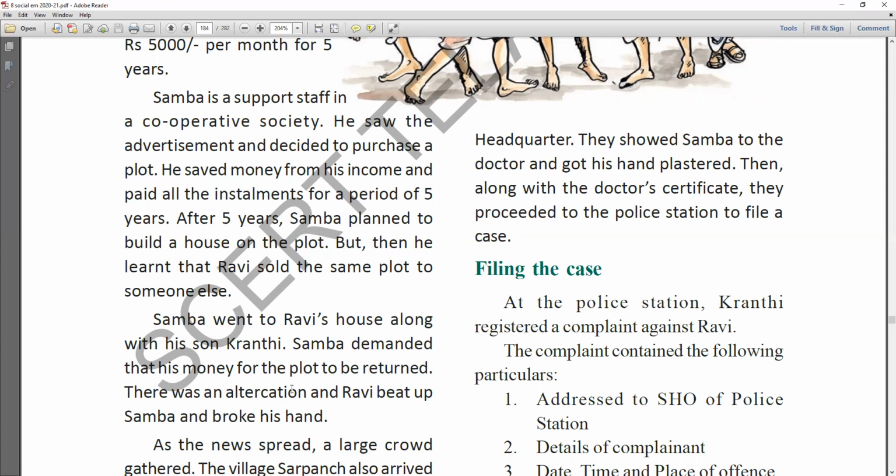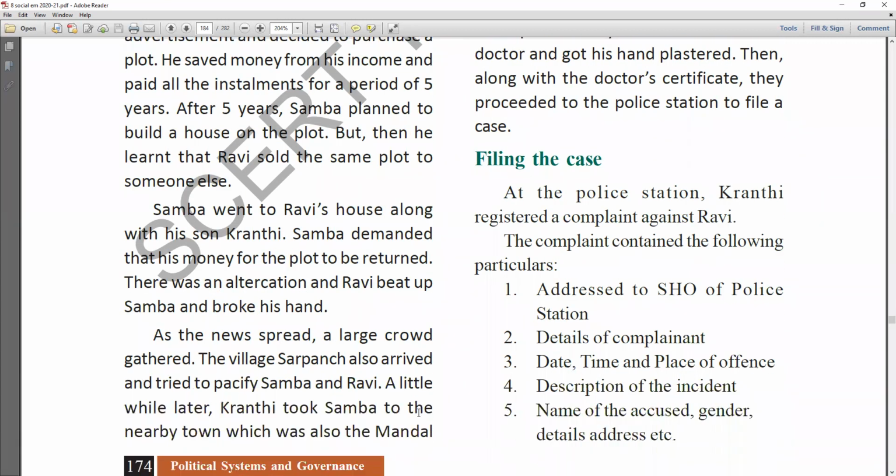As the news spread, a large crowd gathered. People got to know about Samba and Ravi and came there to see what was going on. Then the village sarpanch also arrived and tried to pacify Samba and Ravi.